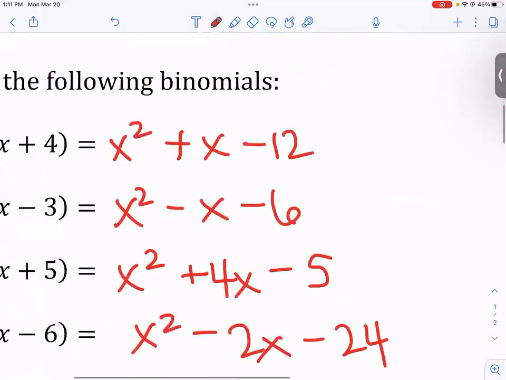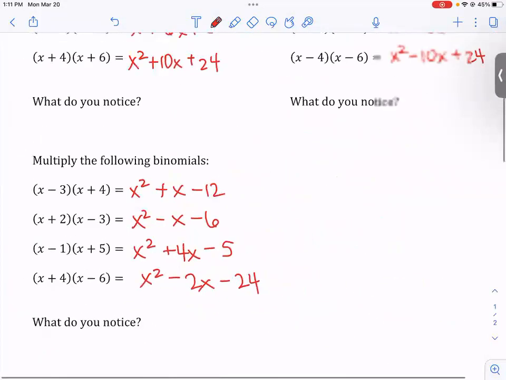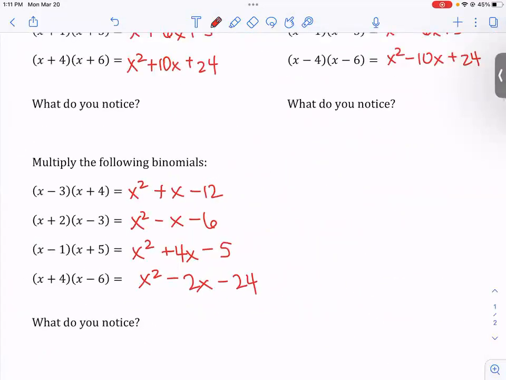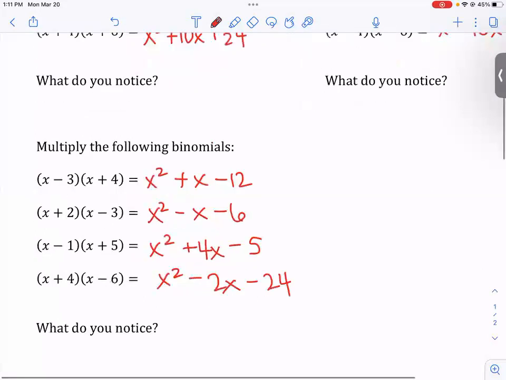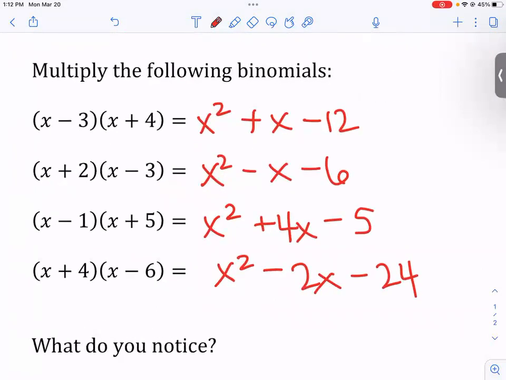Okay, so now let's go to these. Peyton said, this is what Peyton noticed. If you have one that's negative and one that's positive, this term right here is going to be negative. Do you see that? Yes, I do. Okay.